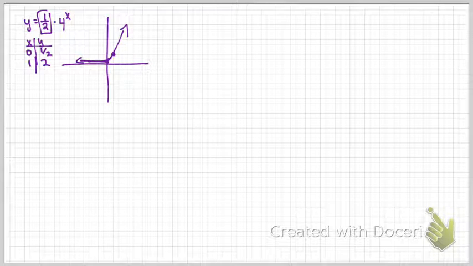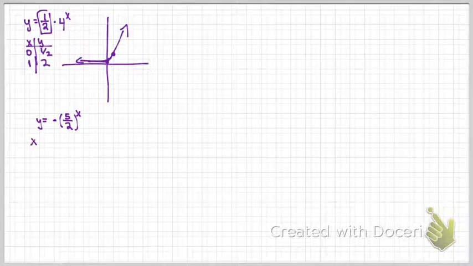Example 2b is a little bit different. The number that you have right in front of your 5/2 is a negative, so you have a negative 5/2 to the x. Again, make your chart so you have x, y. Plug in 0, plug in 1.